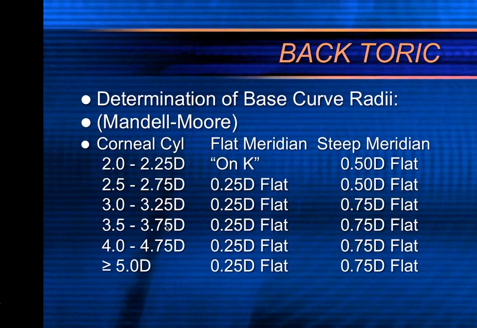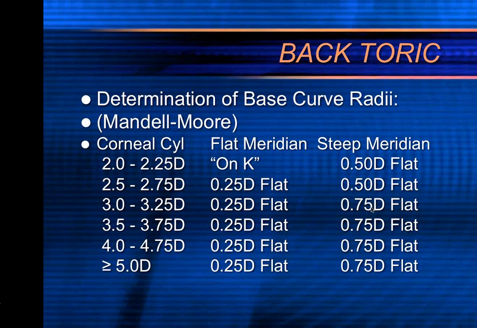Now, whether you go with a back toric or bitoric, the difference between this and a spherical lens is, of course, that you have 2 radii, not 1. And there are philosophies out there that will tell you this is how you need to design both base curves. For example, Mandel-Moore, you can see in most patients, it depends on the corneal sill, they'll recommend going maybe a 1/4 diopter flat in one meridian and 75 flatter than the steep K in the other meridian.